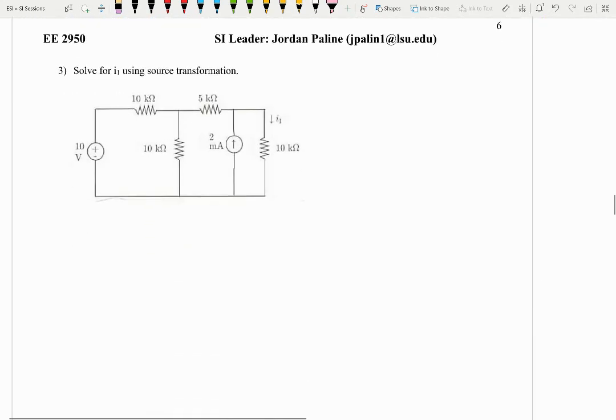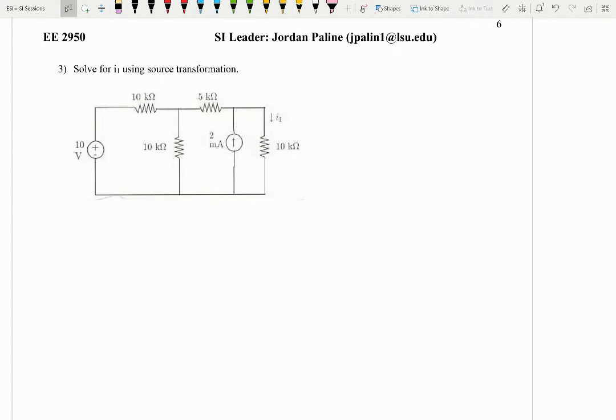Let's move on to source transformation. Source transformation is neat. It essentially helps us by letting us bypass longer methods of analysis, like the nodal analysis, the mesh loop analysis, things like that. But it has to meet certain criteria.